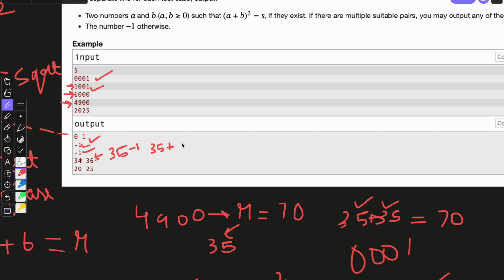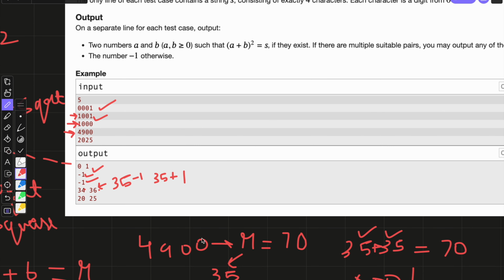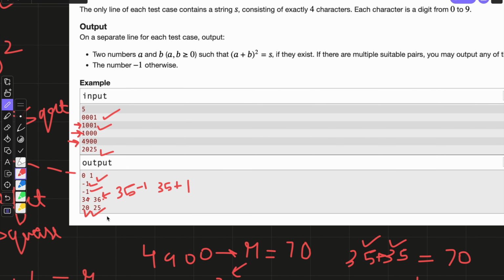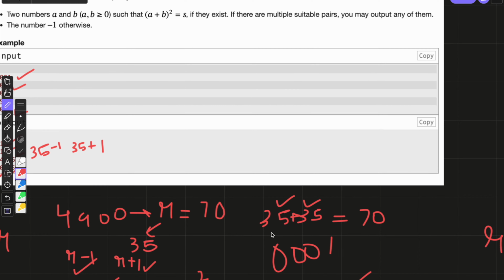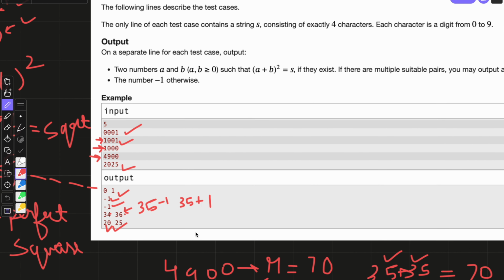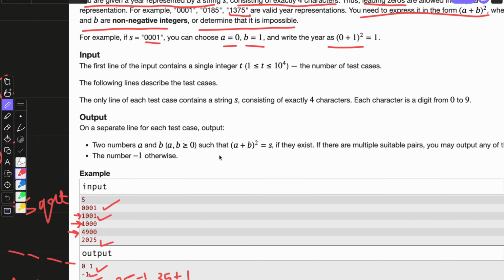So we can do r by 2 minus 1 and r by 2 plus 1 for even numbers. If we want to generate this kind of pair, we can do that. For 2025, it's 20 and 25 as given in the example, or it could be any other pair, because any pair is acceptable.